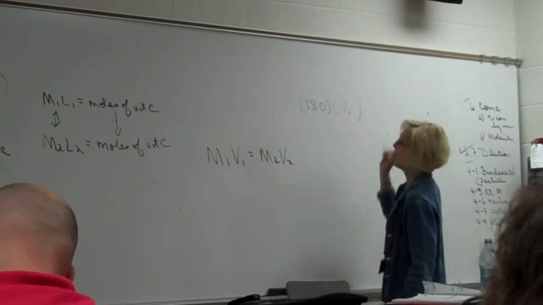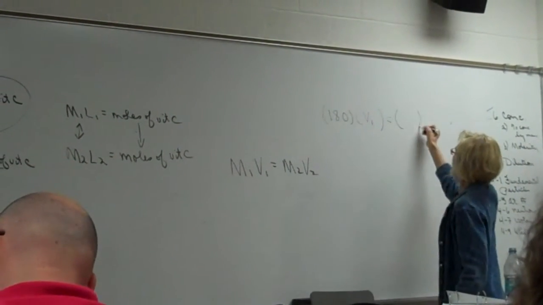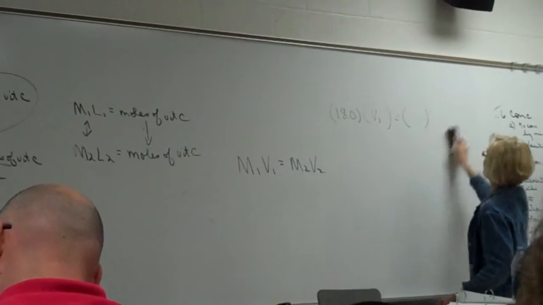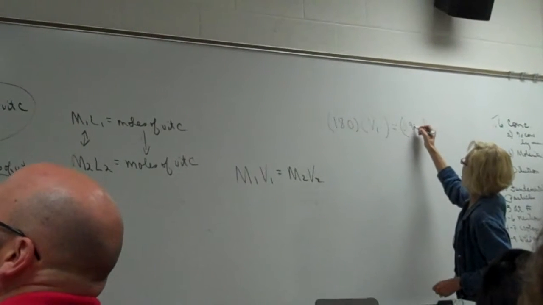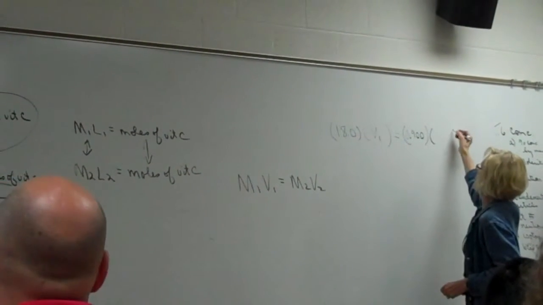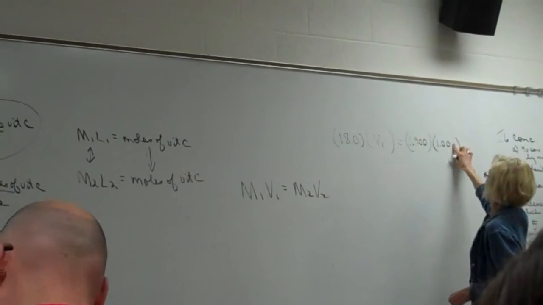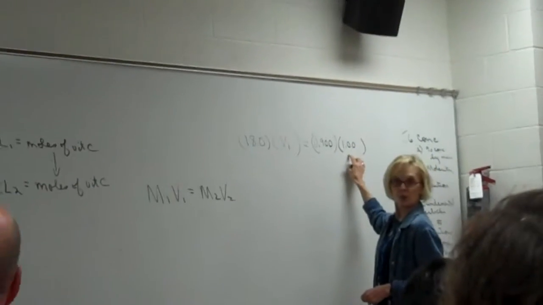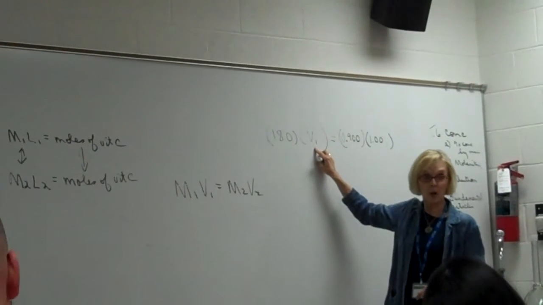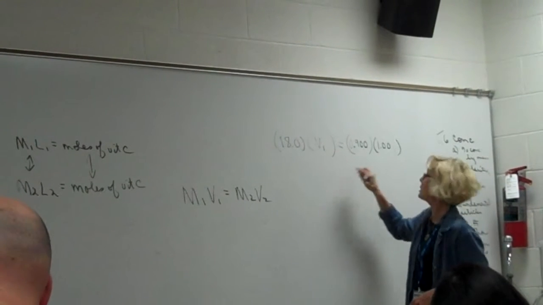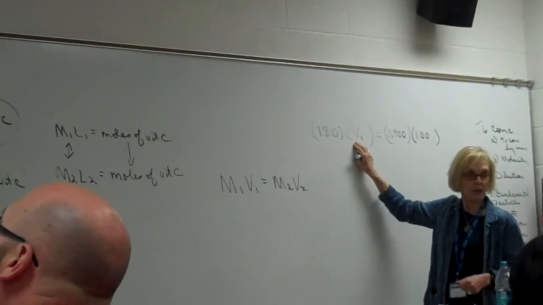So V1 is what I need to know. Now, we need a 0.900 molar solution, and I need a liter of it. If I put this in liters, then this answer is going to be in liters. I will get the same answer if I go with milliliters here, then this will be milliliters, but it's going to be the same amount.